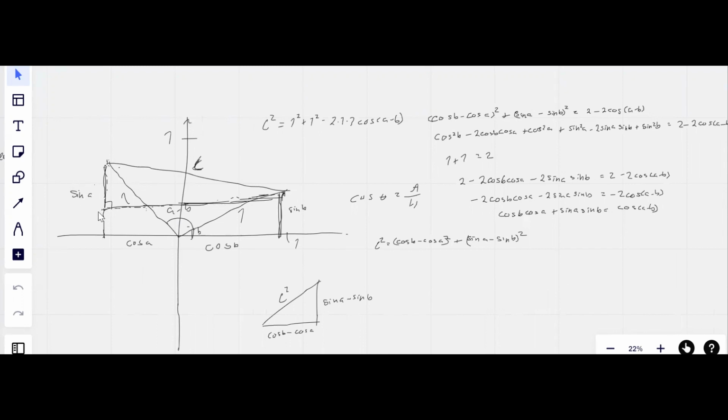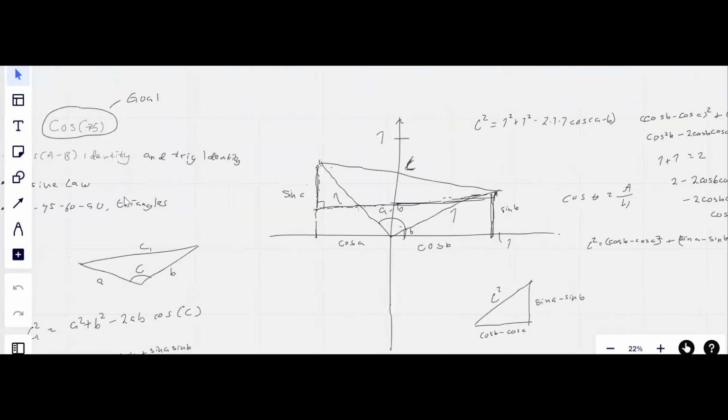Likewise, the height can be found by taking the difference between this height, which is found through the sine of A of this angle, minus sine of B of this angle, which will give us this height. The difference in the heights gives the height that is represented for this triangle.